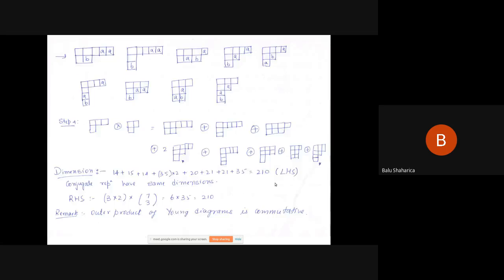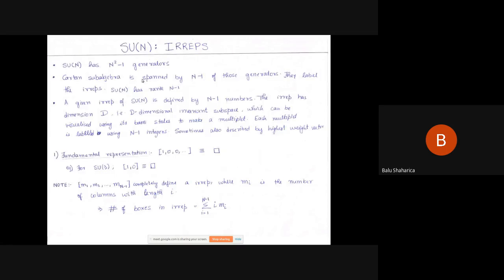So for SU(N), first we need to know how we can write the irreps as Young diagrams. We'll notice that there are N squared minus 1 generators for SU(N), out of which N minus 1 of them form the Cartan subalgebra, and the rank of SU(N) is N minus 1.